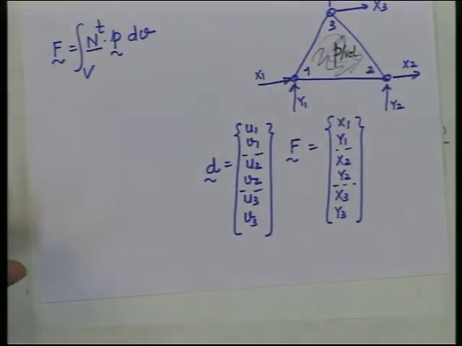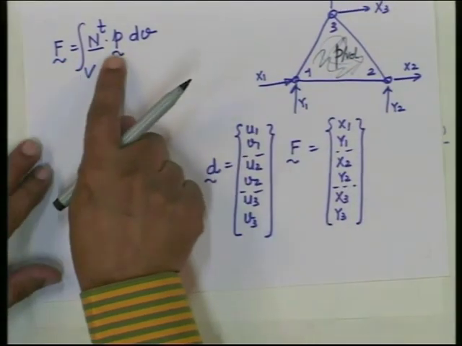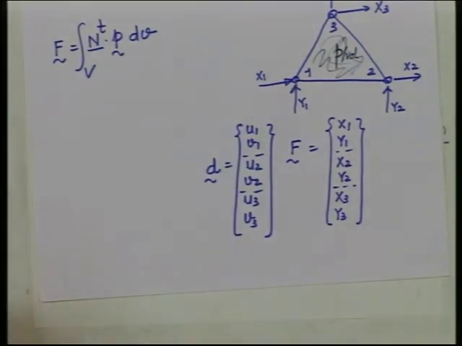Some distributed load. Now, in a finite element, we cannot handle any distributed quantity. Everything has to be discretized, everything has to be put on the nodal points. So, this P can be discretized by this formula which we have already derived. This is a standard formula. Now, N is a function of x, y, so I will have to integrate this.